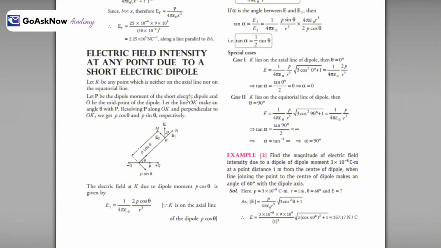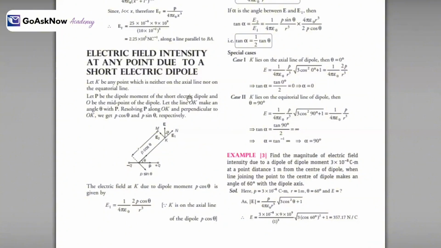In the other case we have seen the electric field due to a dipole on an equatorial line. The equatorial line is perpendicular to the line joining the two charges, passing through the center of the dipole. So that is the case of the equatorial point.